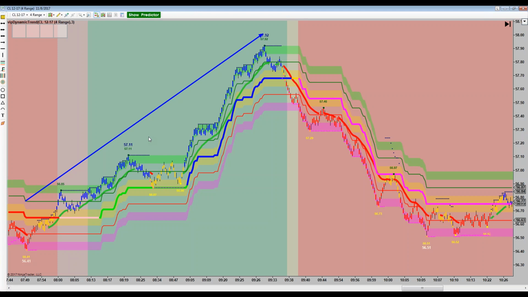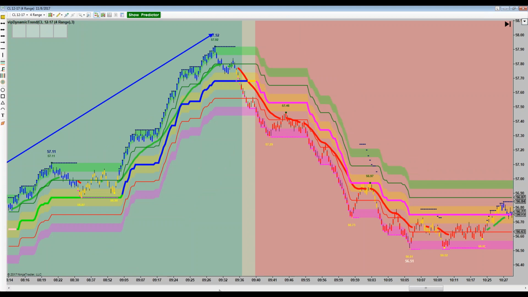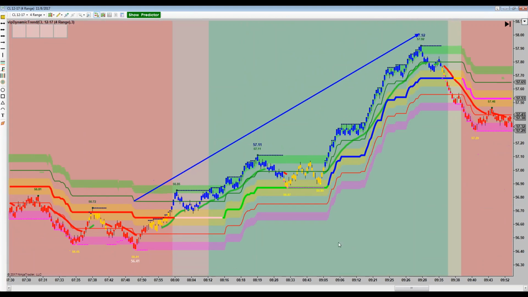pullbacks. So let me show you what we mean by retracement or pullback. So in financial markets, there is this notion of when you have a trend that you have, let's start over here to the left on this chart right here, you have what's called a thrust.